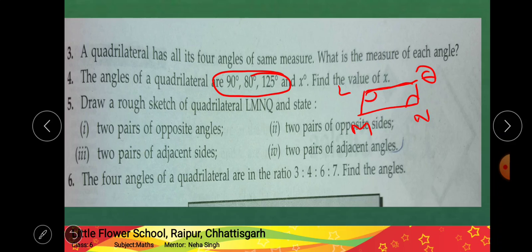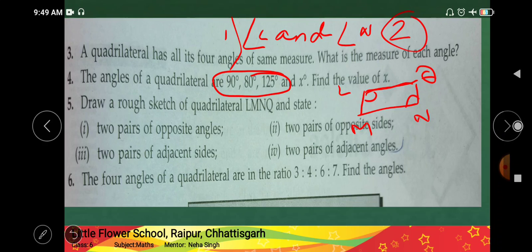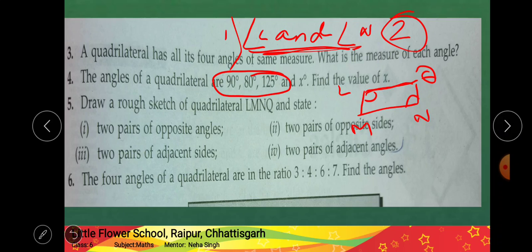You'll write like this. First, the symbol of angle, then L and angle N. This is the first part. First two pairs you have to give. This was the first pair. The second pair is angle M and angle Q. Right?